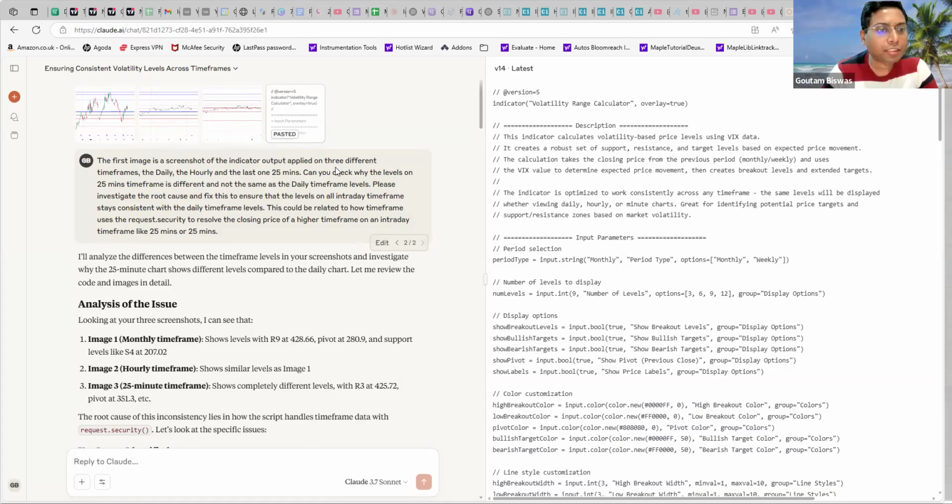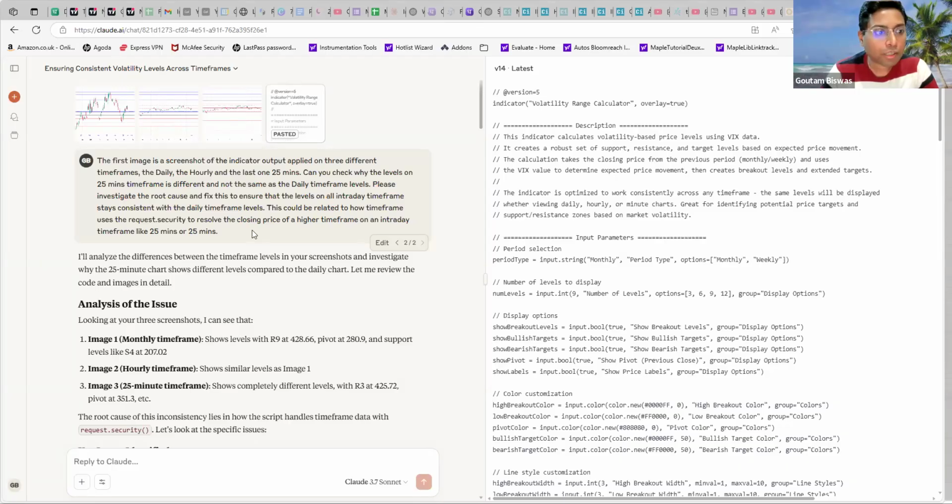The first image is a screenshot of the indicator output applied on three different time frames, the daily, the hourly, and the last one is from the 25 minutes. Can you check why the levels on the 25 minutes time frame is different and not the same as the daily time frame levels? Please investigate the root cause and fix this to ensure that the levels on all intraday time frames stay consistent with the daily time frame levels.